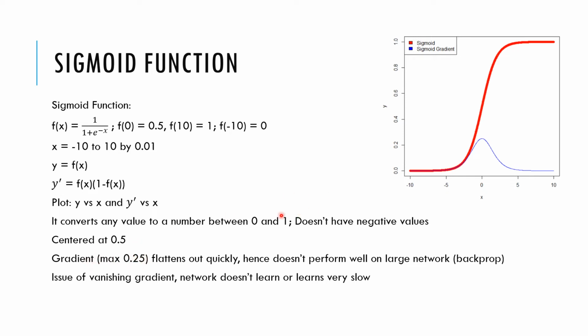We saw in the video that we calculate error terms using the gradient of the sigmoid function, and since the value is so small, it keeps getting reduced, and at one point the gradient becomes 0, it vanishes. So it basically kills the gradient. This creates a vanishing gradient problem, and the network either does not learn or learns very slowly. This is the problem with the sigmoid function.